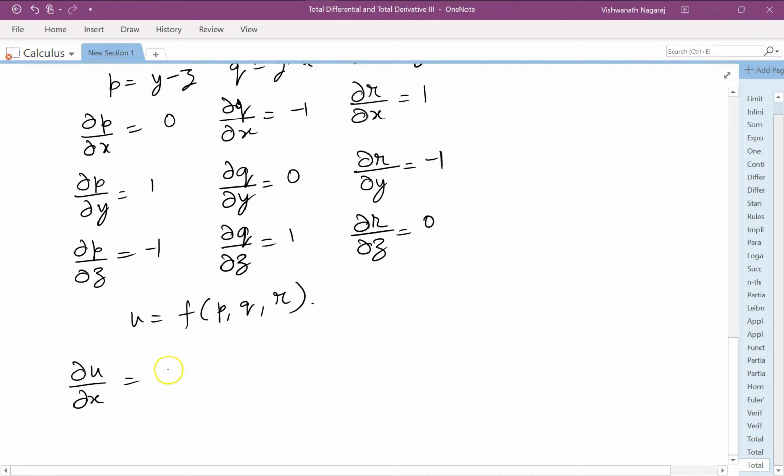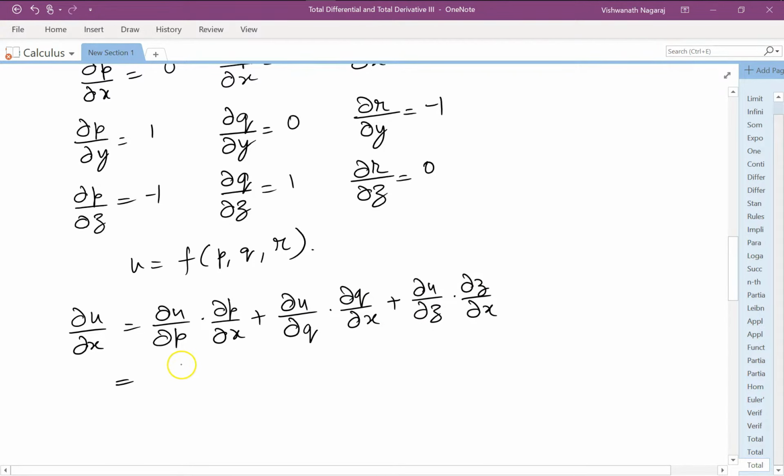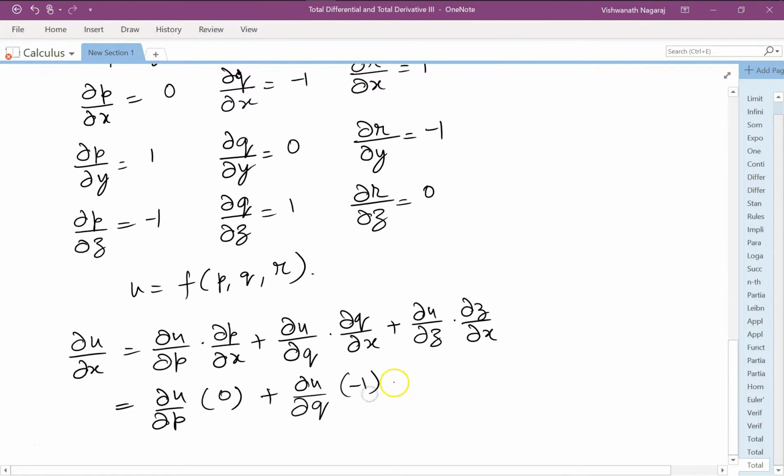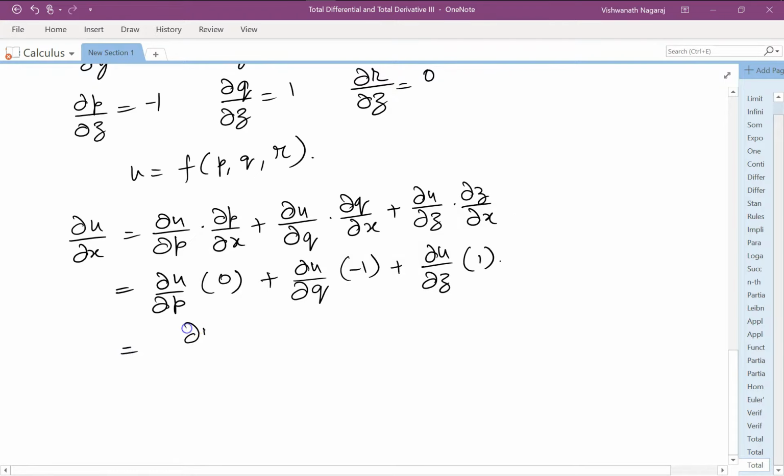So dou u by dou x would be what? This is going to be dou u by dou p times dou p by dou x, which is 0, plus dou u by dou q times dou q by dou x, which is minus 1, plus dou u by dou r times 1, which is equal to dou u by dou r minus dou u by dou q.